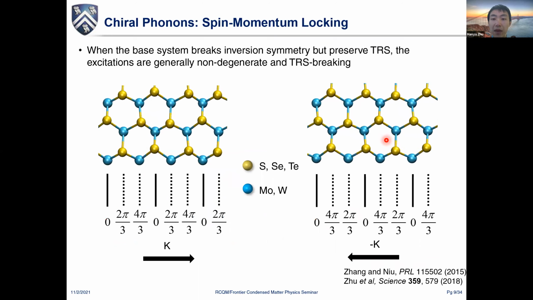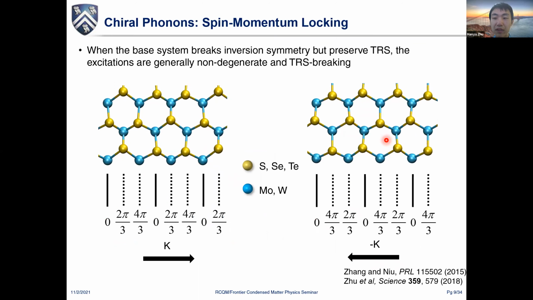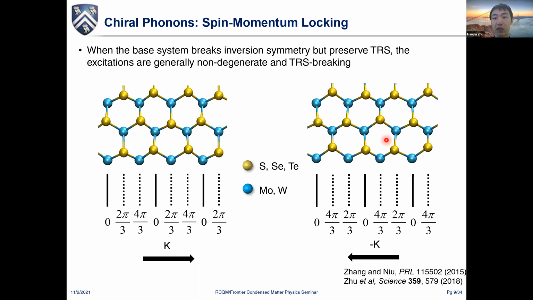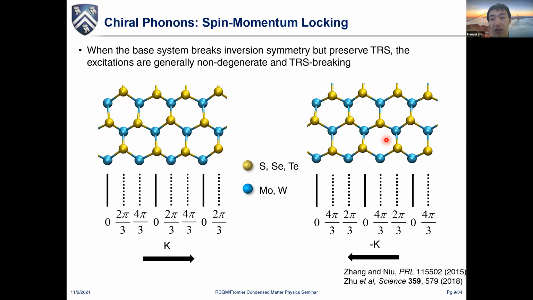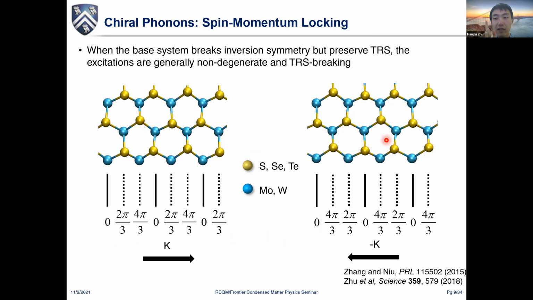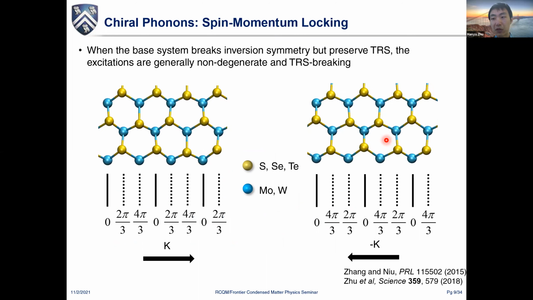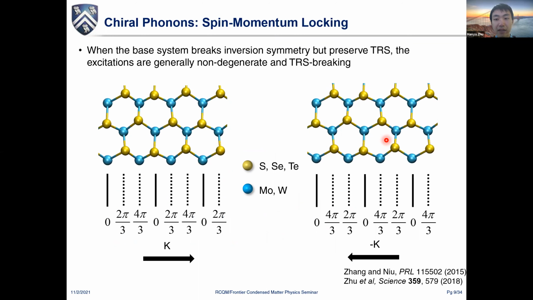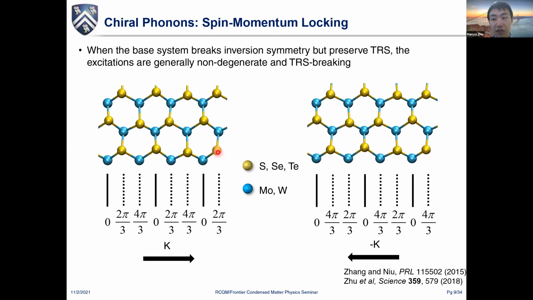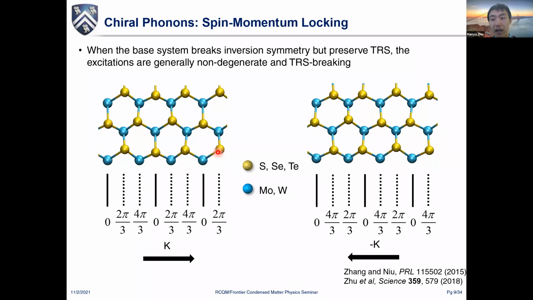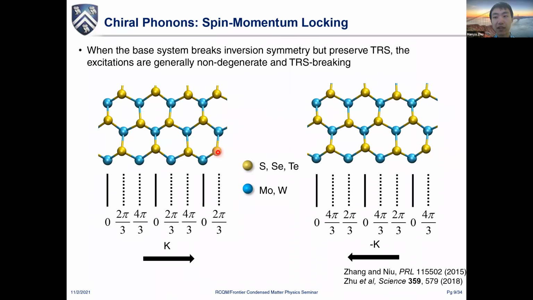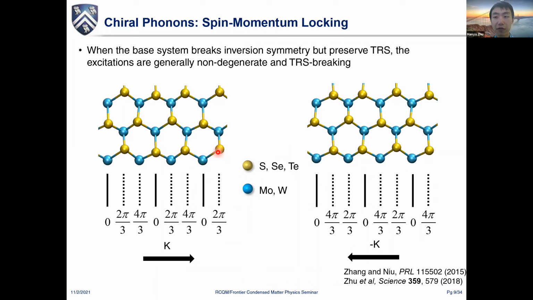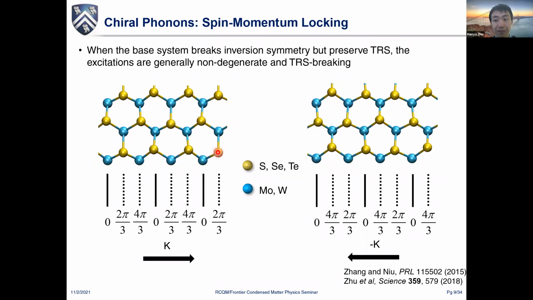So then we turn to a different system. We talked about how time reversal symmetry breaking can cause bosons to be chiral. Then let's take a look at how inversion symmetry breaking can cause the bosons, in this case, the lattice vibrations, phonons, to be chiral.